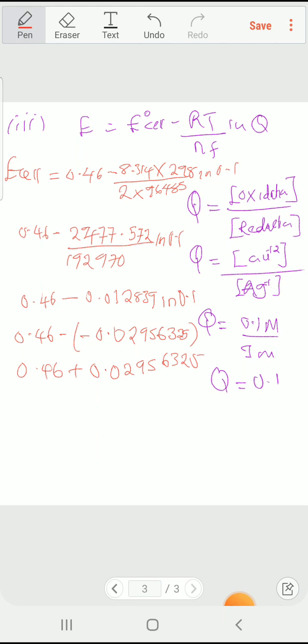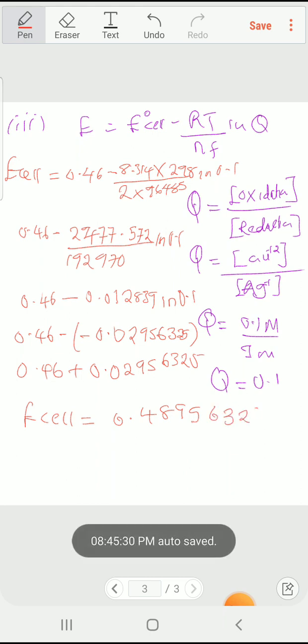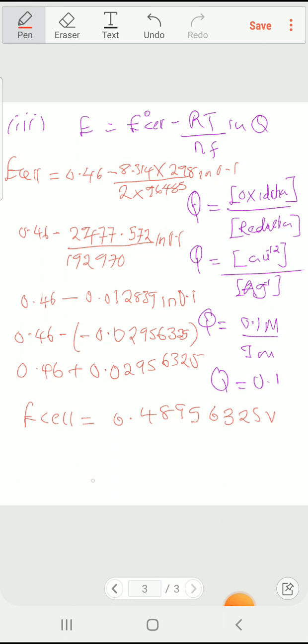E cell is equal to 0.489563 25 volts. Then I can round it off, which will be 0.49. So that is the answer that we wanted to calculate.